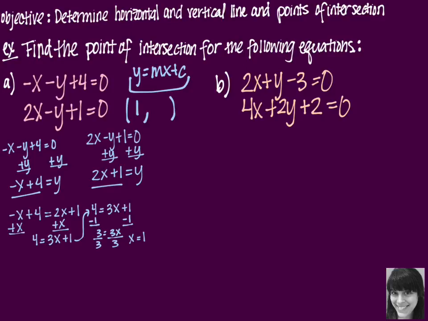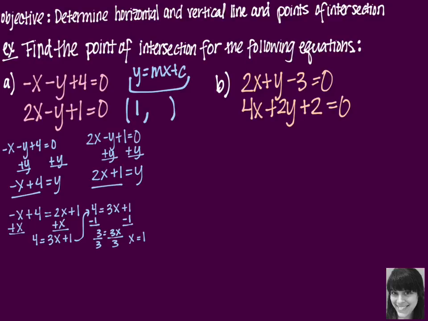I'm going to recap what we just did, right? So we took both of these equations and we solved them for y. We put them in the y equals mx plus c form. And when we did that, we had two things that equaled y.